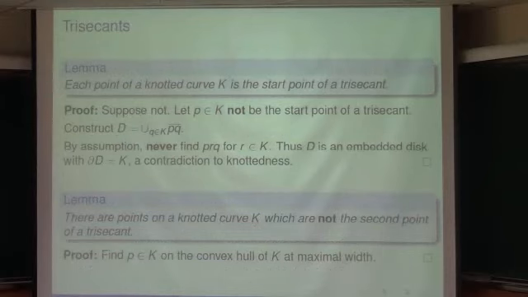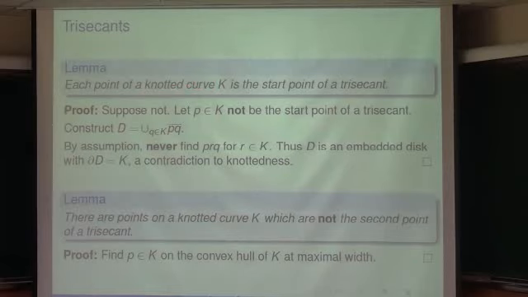So, talk about trisecants. These are lines which intersect a knot in 3 places. Each point of your knotted curve. Knotted curve, for me, means non-trivial tame knot. I didn't want to write non-trivial tame knot all the time, so I abbreviated that to knotted curve.